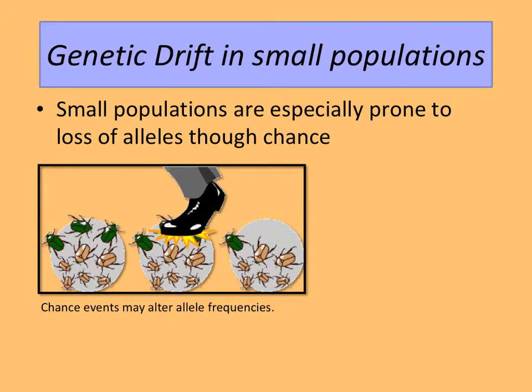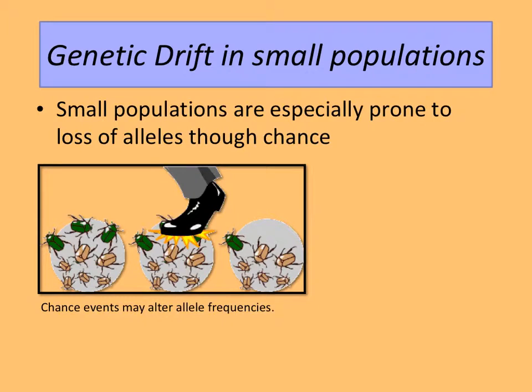Now, you could also think about it this way. This is a small population, and this guy steps on, randomly, let's say a couple of green ones. It's selection happening, but there's never going to be evolution by natural selection. The bugs aren't seeing birds.